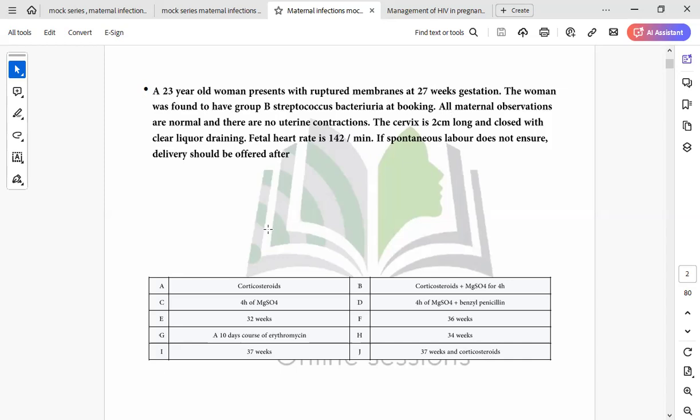What would be your priority now? My priority is that I'm not going to offer delivery until she completes her course of erythromycin. This is my priority.